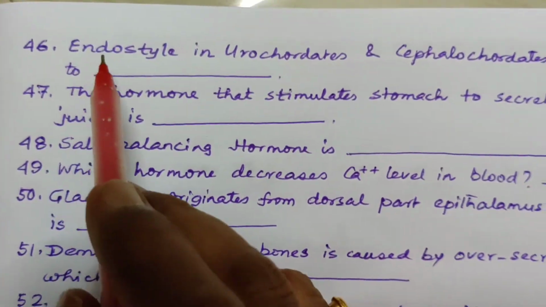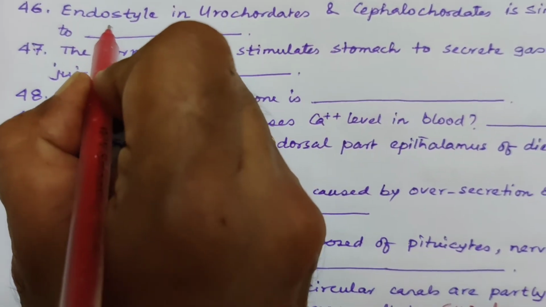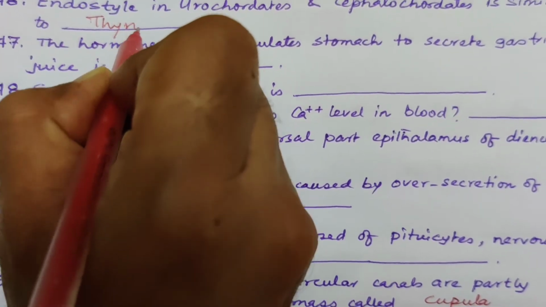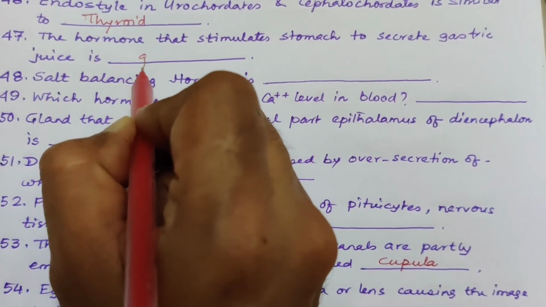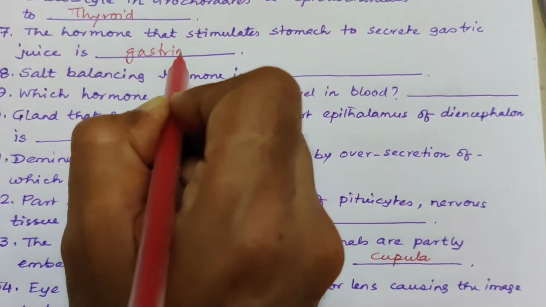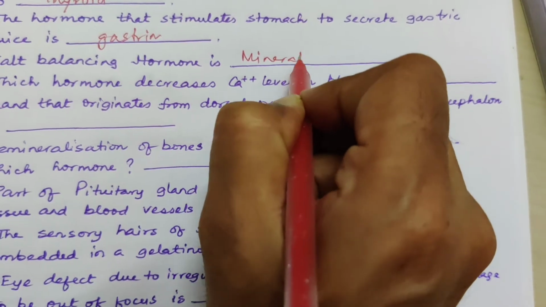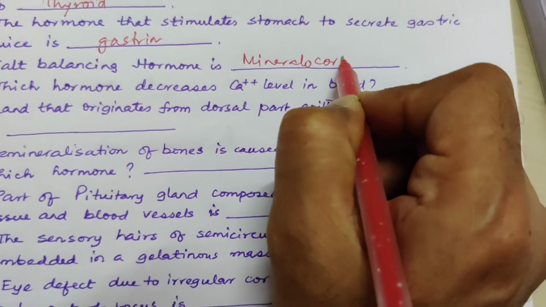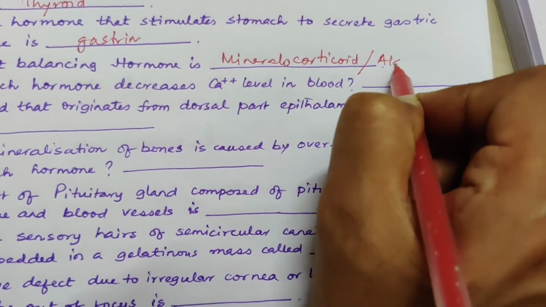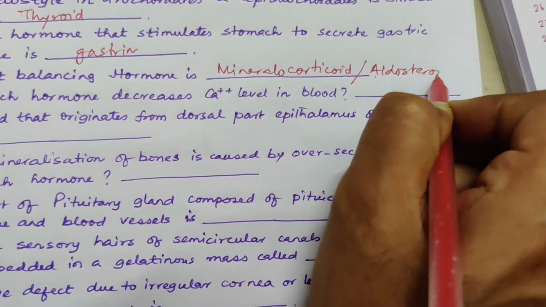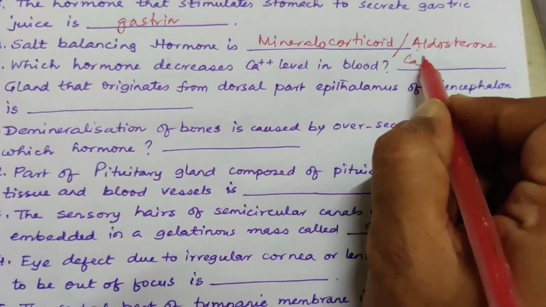Next is endostyle in urochordates and cephalochordates is similar to thyroid gland. The hormone that stimulates stomach to secrete gastric juice is gastrin. Salt balancing hormone is mineralocorticoid, or we can say aldosterone, whatever it is. Which hormone decreases calcium level in blood? This is calcitonin.